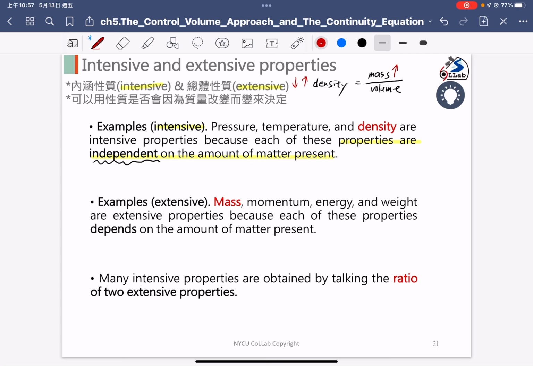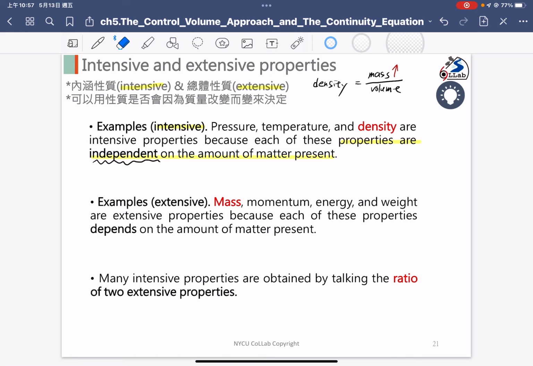As we know, the density doesn't change, right? Because the same matter, whether a small one or a bigger one, has the same density. So that means independent of the amount of the matter. Matter is essentially the mass, the substance. Even if the mass increases, my density won't change. This kind of parameter we call intensive.